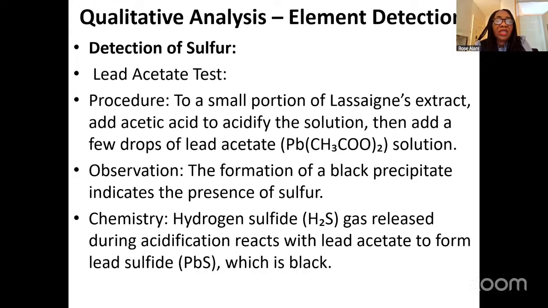And when we do this, if we observe the formation of a black precipitate, this indicates the presence of sulfur. The chemistry behind this is that hydrogen sulfide gas that is released during acidification reacts with lead acetate to form lead sulfide, which is the black color.